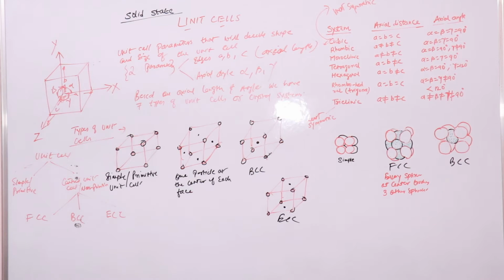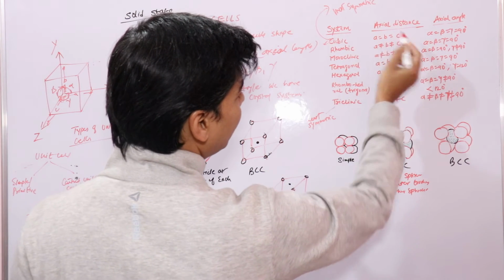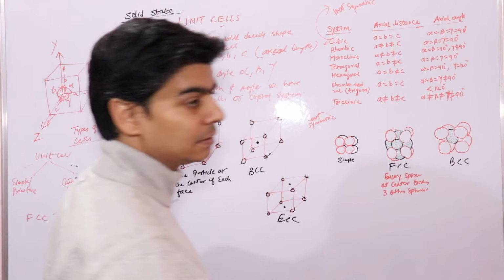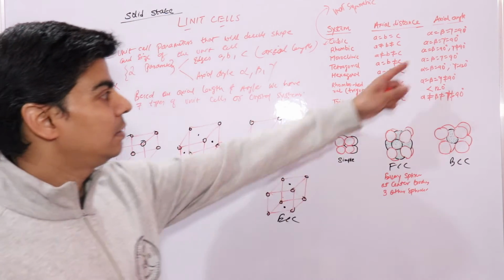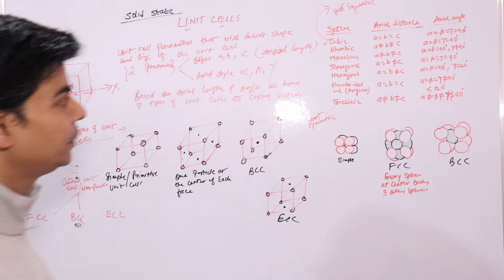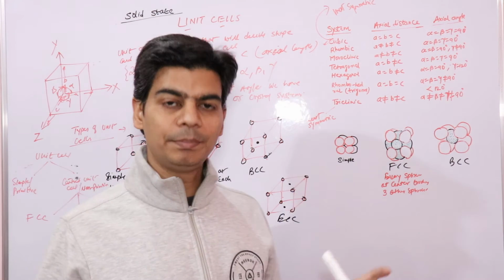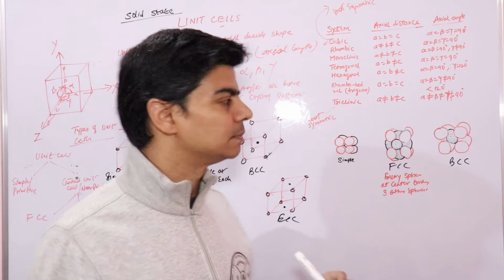Now let's look at this cubic. In cubic, all the axial lengths are equal and all the axial angles are equal to 90 degrees, right? This is the most symmetrical and the most simple of the crystal systems, right?